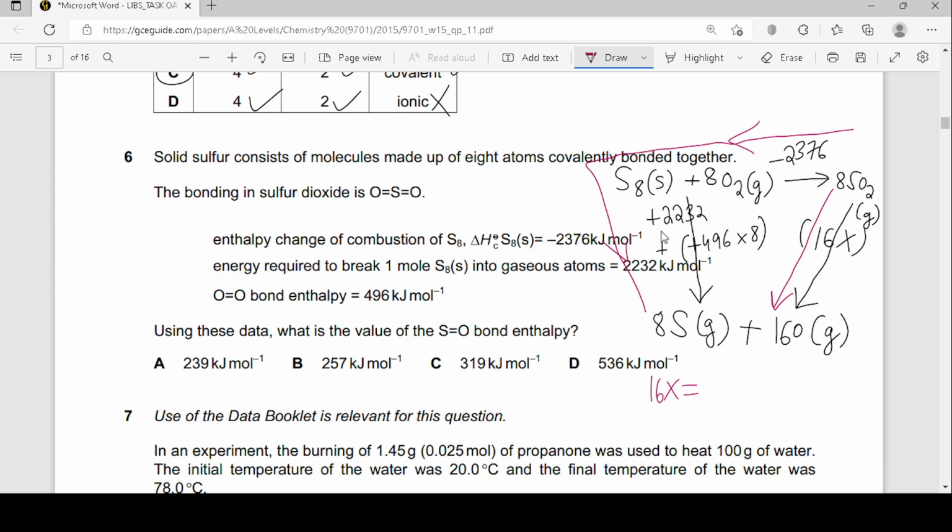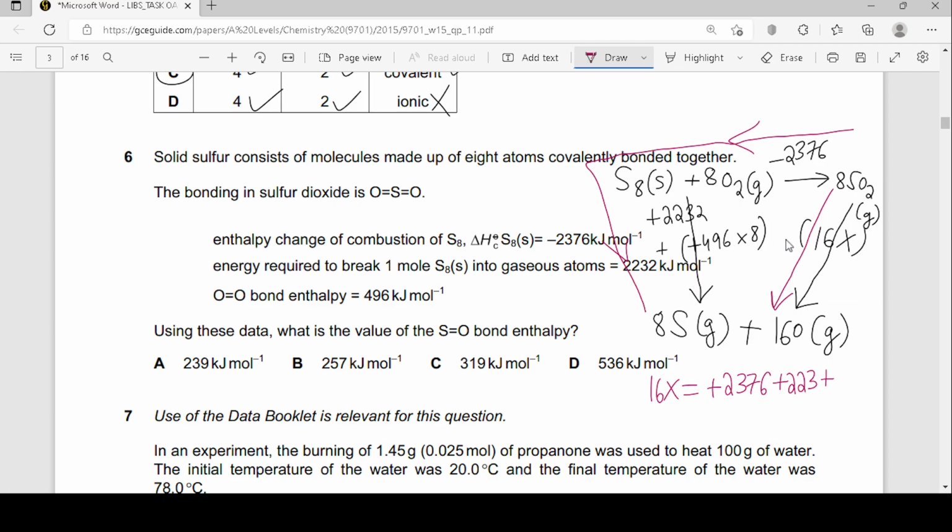The enthalpy change for both the routes should be the same, right? Whether the initial and final conditions are the same, which they are. So I am going against the arrow over here, like this arrow is going in this direction, but my route is going against that arrow direction. So it means my minus 2376 becomes plus 2376. And over here I'm going in the direction of the arrow, which means I will keep the signs as they are. So I have plus 2232 plus, now this one is 496 times 8.